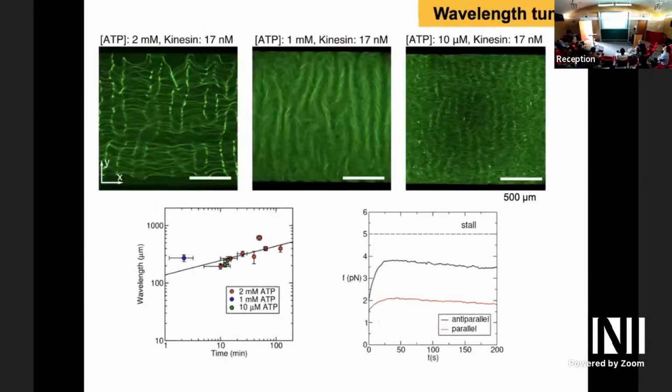The first idea that came to our mind was changing the ATP over a range of 2 orders of magnitude. But actually you could not find a statistically relevant difference between the wavelengths for different ATP concentrations.